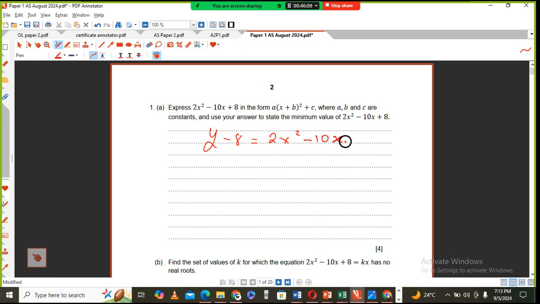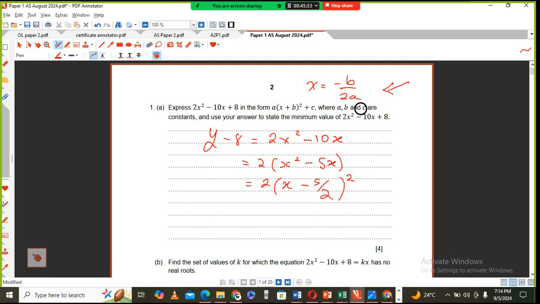Maybe you have a different way of doing this one. Obviously, as long as you know how to complete the square. Also, you can use the vertex. You remember this one here. What is this? This is the vertex, like the turning point of the x value.